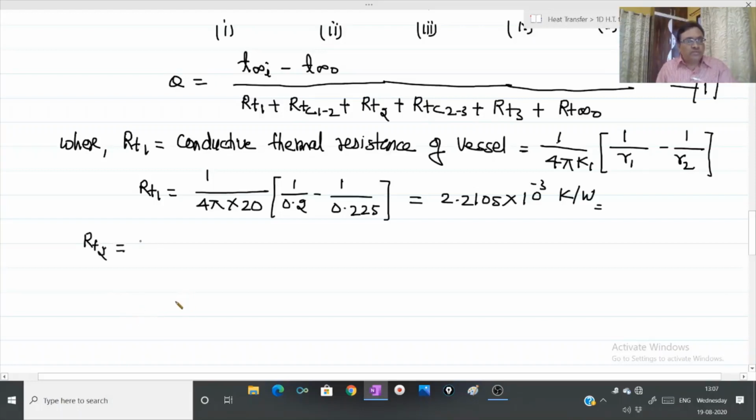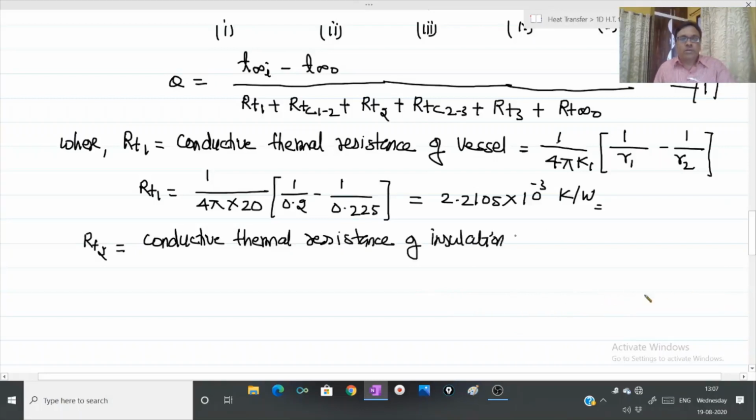RT2 will be the conductive thermal resistance of insulation 1. Once again, the insulation is also of spherical shape, so its thermal resistance can be calculated as 1 over 4 pi K2 into (1 over R2 minus 1 over R3).